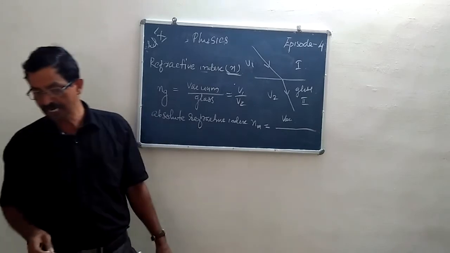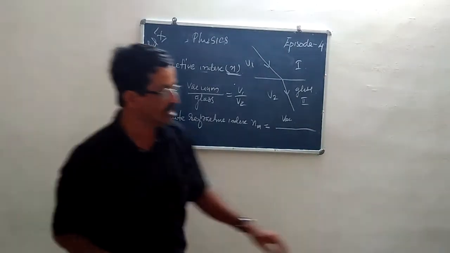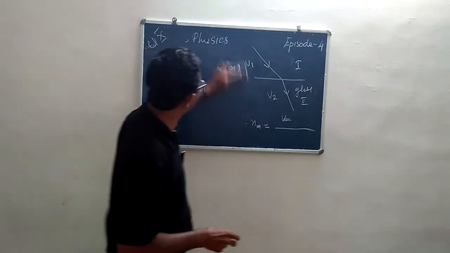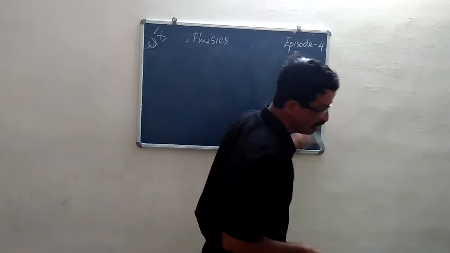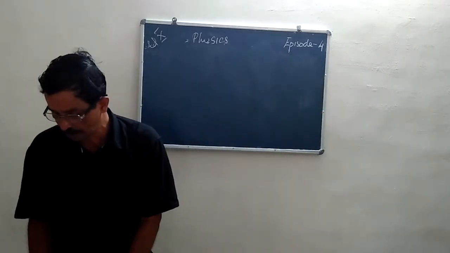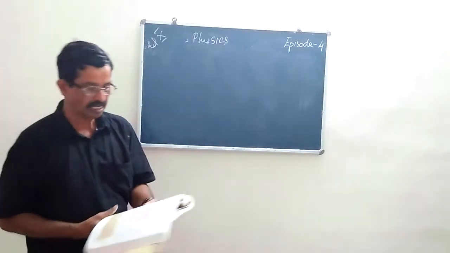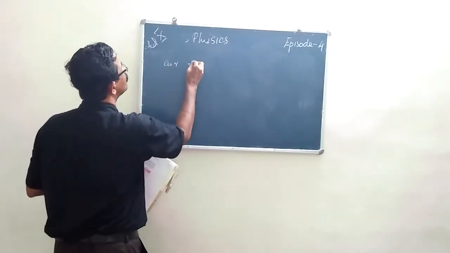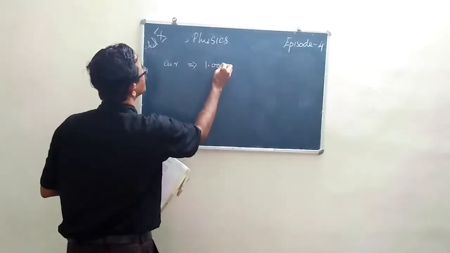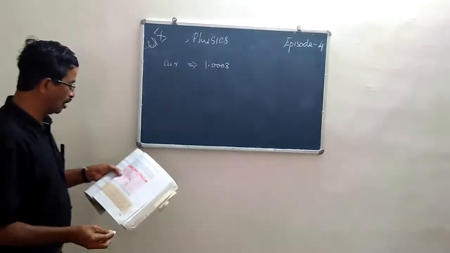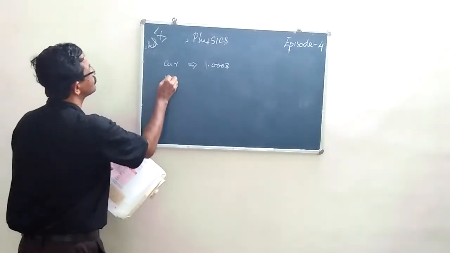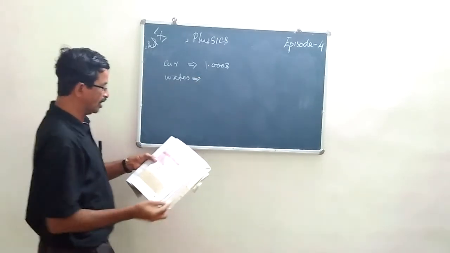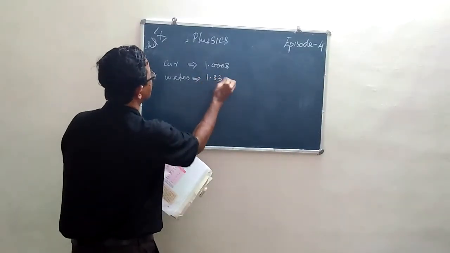The refractive indices of some of the mediums are given here. Just we can observe the refractive index of some of the mediums which are given in our table. See, the refractive index given for air is 1.003. For water, it is given as 1.33.